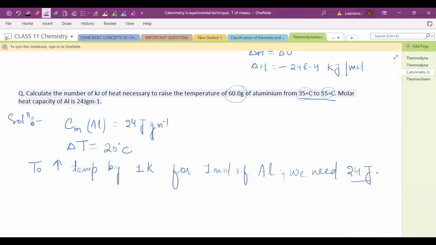So what is the definition of molar heat capacity? 1 mole. So the heat capacity per mole. Molar heat capacity is given, so we will talk about the moles. You can see the definition over here.